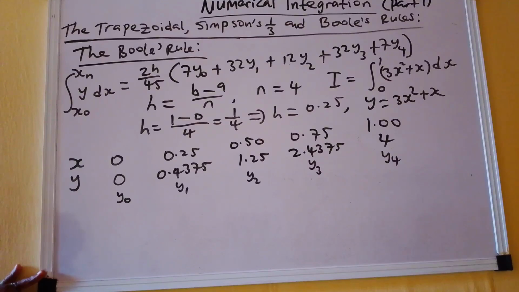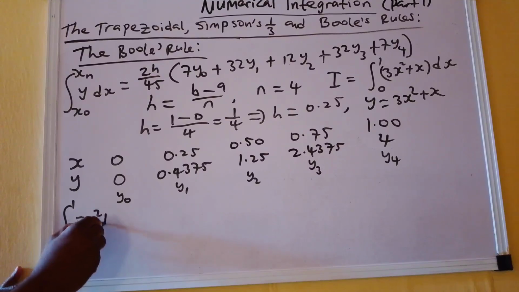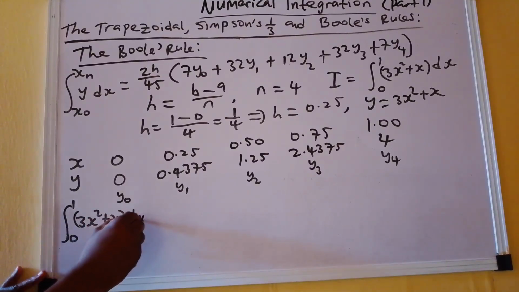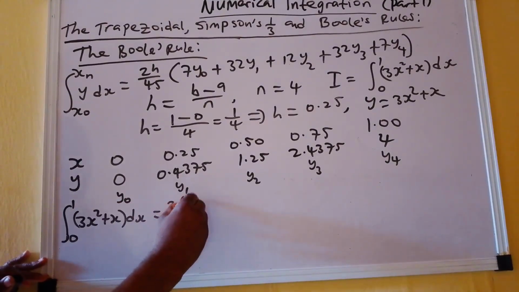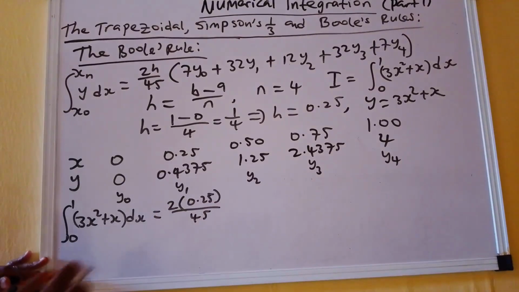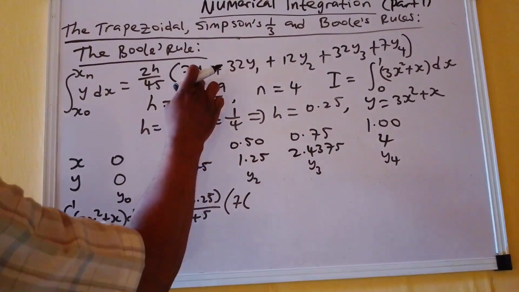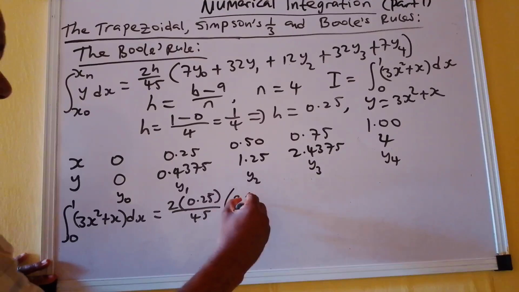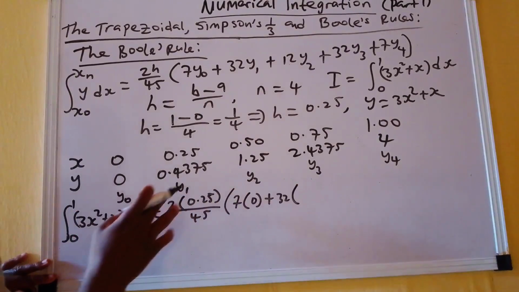Of course, we know the conventional method gives us 1.5. So the integral from 0 to 1 of 3x squared plus x dx using the Boole's rule will be 2 into what is our h, 0.25, all over 45. Then 7 into what is our y0? Our y0 is 0, plus 32 into what is our y1?